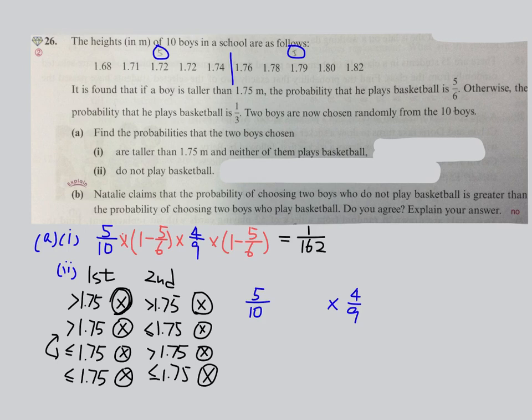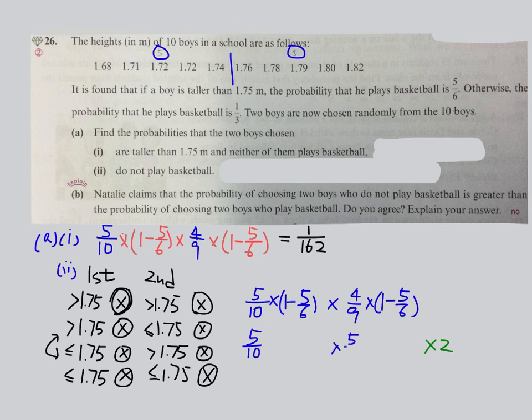And now the not playing basketball is 1 minus... actually the first case is the part A1. And then the second and third cases are the same, so later I will put a times 2 here. First is 5 over 10.